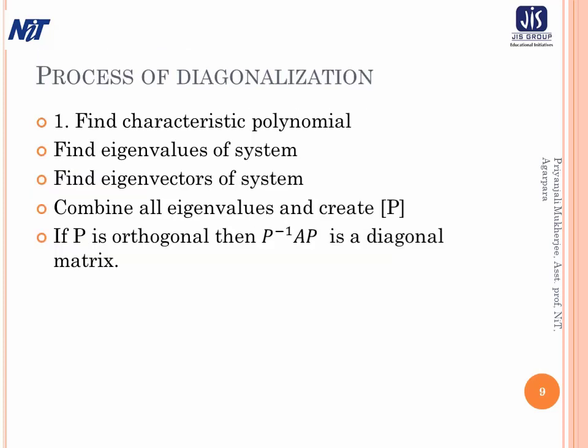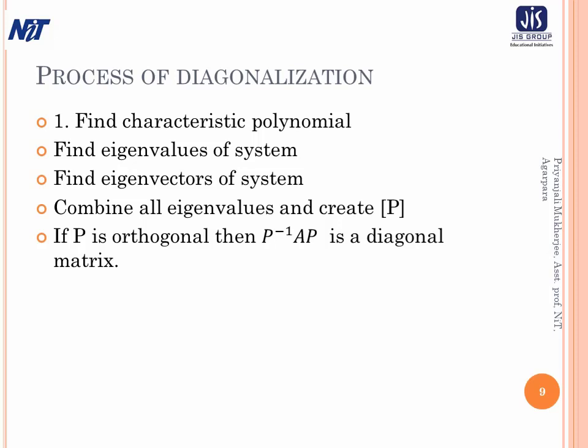Next is the process of diagonalization: how to diagonalize a non-diagonal matrix into a diagonal matrix. First we need to find the characteristic polynomial of the system, and after we get the characteristic equation, we find the eigenvalues of the system. Once we have the eigenvalues, we find the eigenvectors.